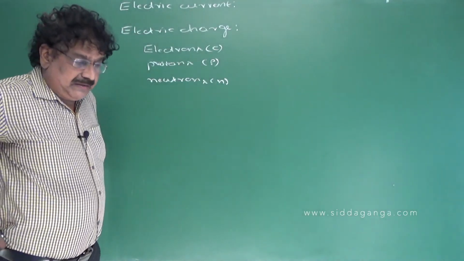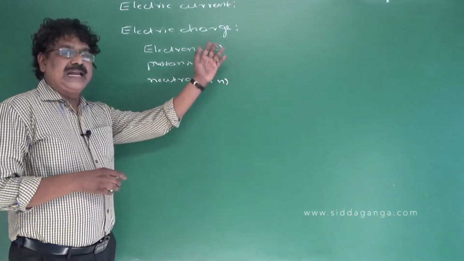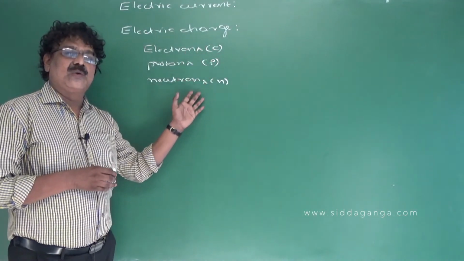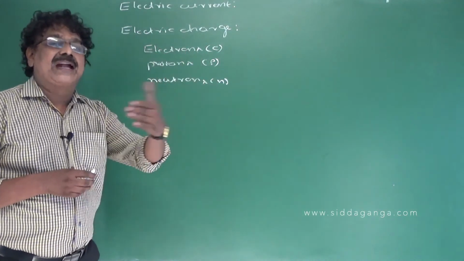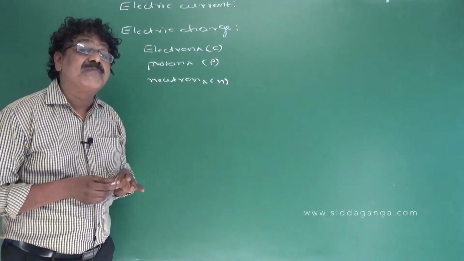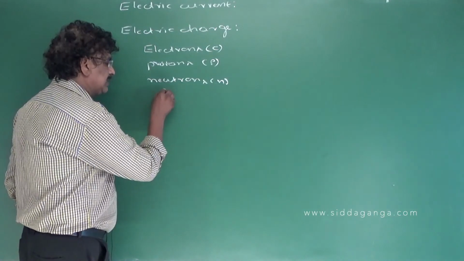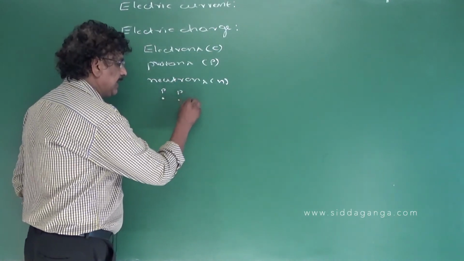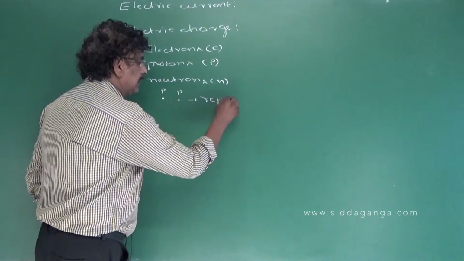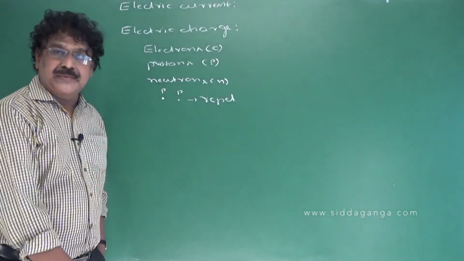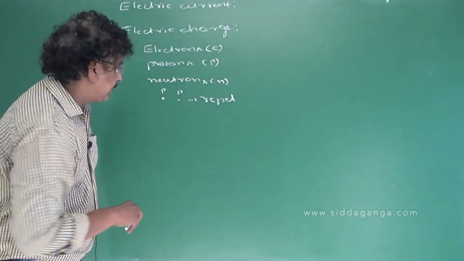So when we consider electrons, protons and neutrons outside an atom, they are called isolated particles. When we bring two protons nearer, they repel each other, they move away from each other.